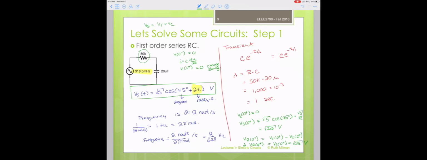And so if we look at the last piece, the initial condition on the current, and notice I just write I because there is only one current in the entire system, we can find that by understanding the voltage on the resistor. V equals IR, so I is equal to V divided by R, which is simply equal to the square root of 2.5 divided by 50K, and when we take a look at that, this is going to equal 1 over 10 root 10 milliamps.